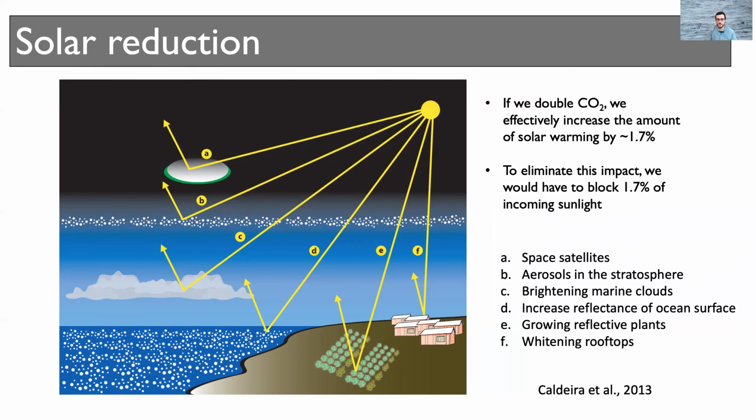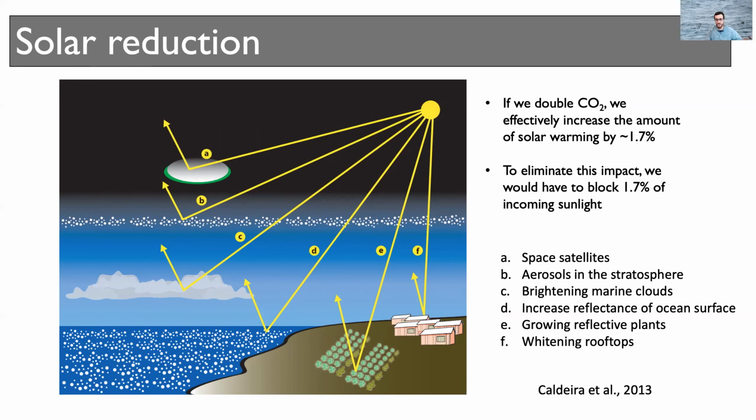A good way to think about this is that if we double CO2, we're effectively increasing the amount of solar warming by about 1.7%. Right now, incoming solar radiation is about 240 watts per meter squared, and it's increasing by about 4 watts per meter squared. So if we want to eliminate that impact, we have to block 1.7% of the incoming sunlight.